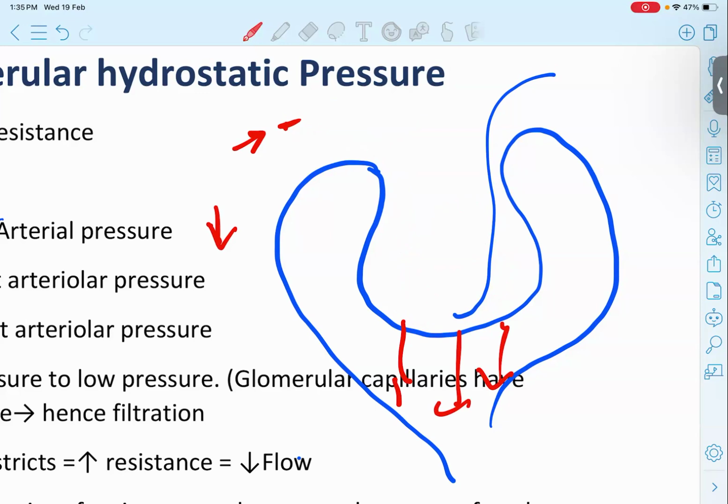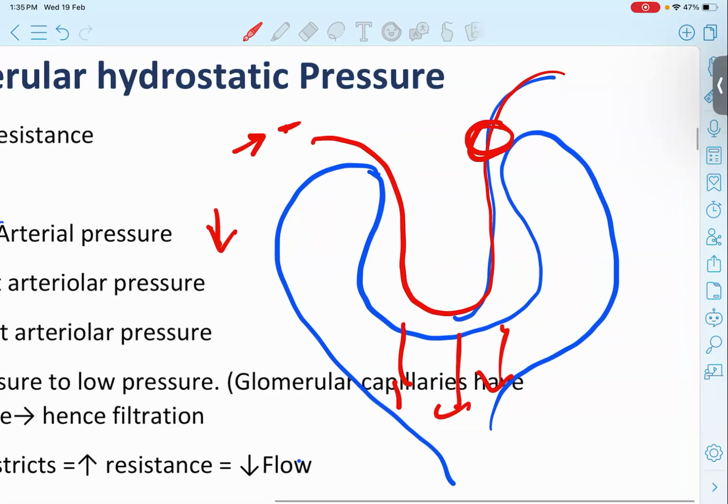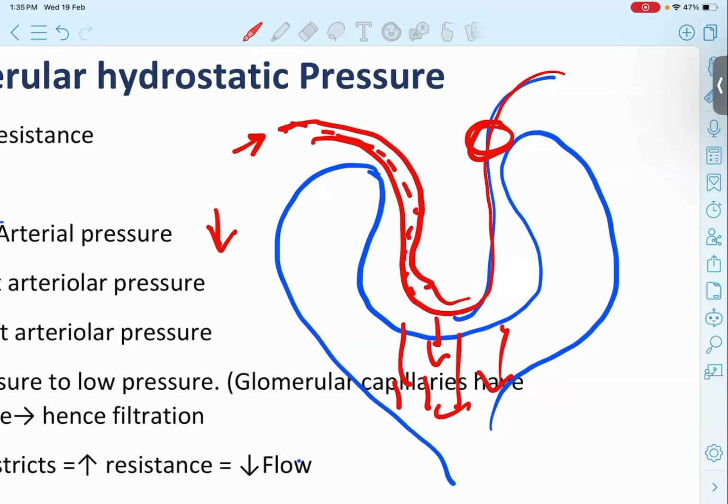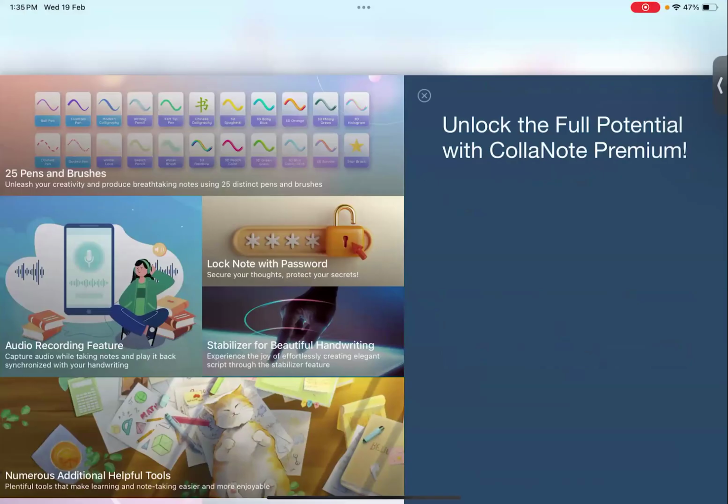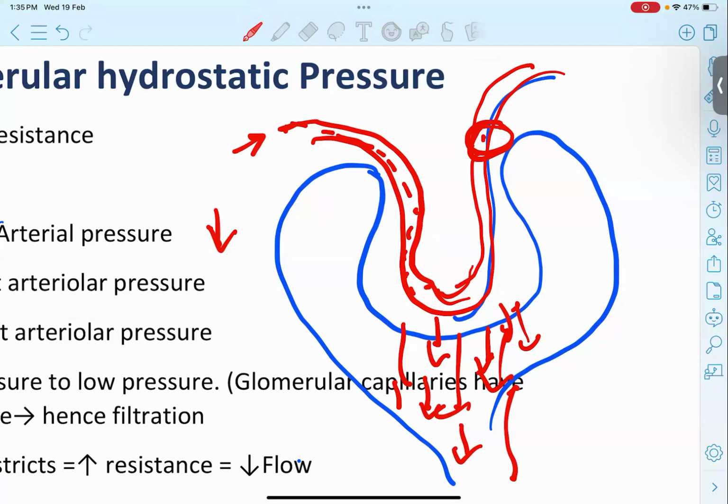Now, what would happen if there is an obstruction or vasoconstriction in the efferent arteriole? Then blood will pass through the afferent arteriole very easily. It is going through the glomerulus and getting into the Bowman space, but it is not coming out through the efferent arteriole because there is an efferent arteriolar vasoconstriction.